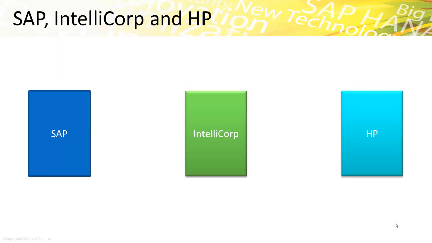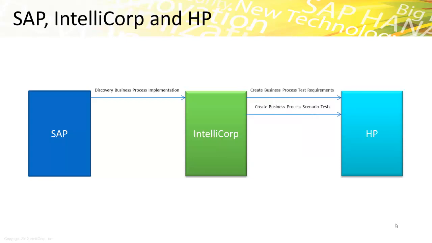So in summary, we've taken our SAP IntelliCorp products and those from HP and weaved an integrated story. We've discovered our business process implementation using LiveCompare and LiveModel. We've created our business process walkthroughs, and we've constructed our business process test requirements and business process test scenarios inside of HP.